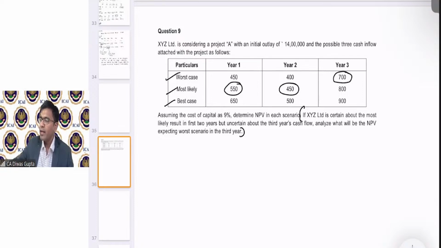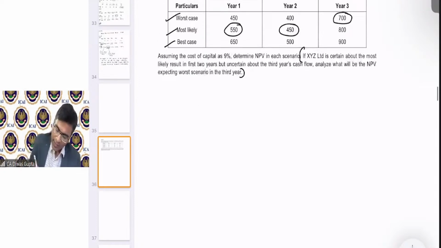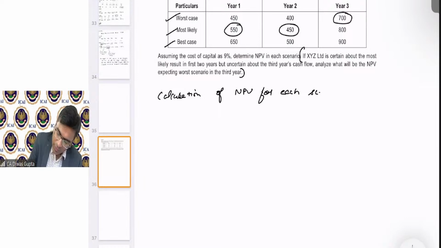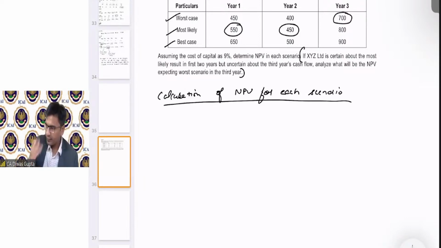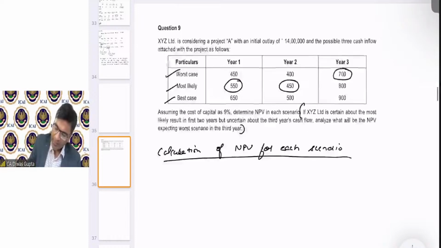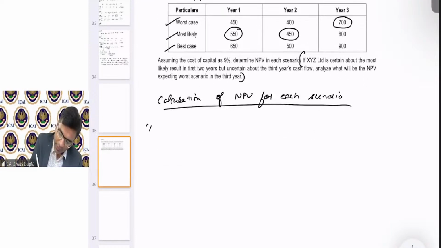Simple. And using that, we can calculate the NPV. So first calculate the NPV for all the three, which is the first part. Calculation of NPV for each scenario. How many years are there? 3 years. 0 for capital outflow, 1, 2, and 3.